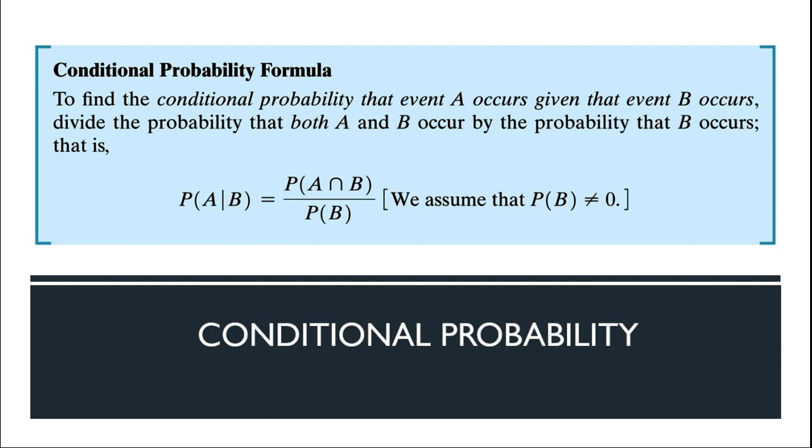To find the conditional probability that event A occurs given that event B occurs, divide the probability that both A and B occur by the probability that B occurs. Be very careful here. B here is the given condition.